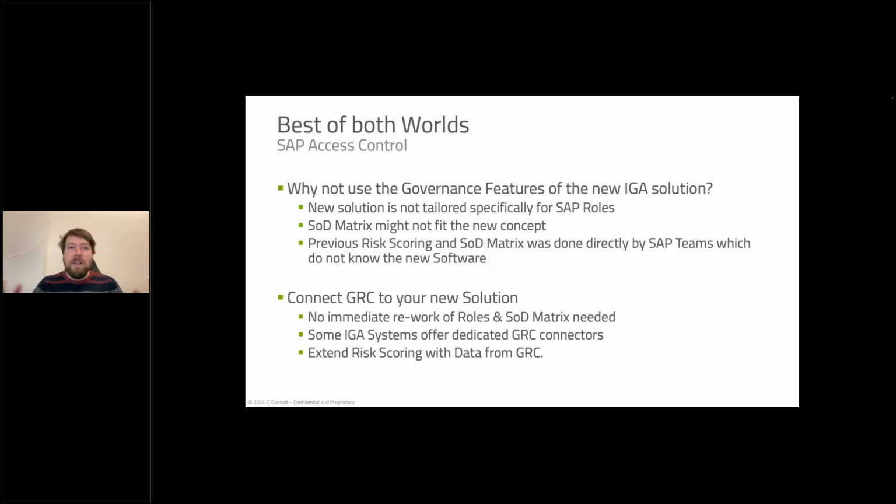So everything in this company was done by an IGA solution, but the provisioning and the SOD check was done then by a different system, since SAP, at least SAP R3, SAP S4, is sometimes so special with the role set that it's hard to try to tailor a non-SAP solution to an SAP solution.